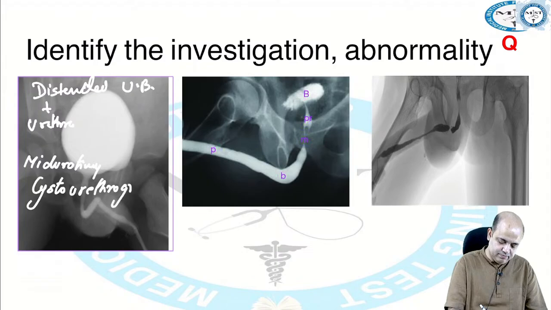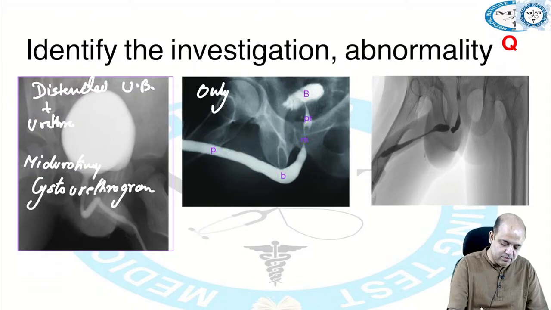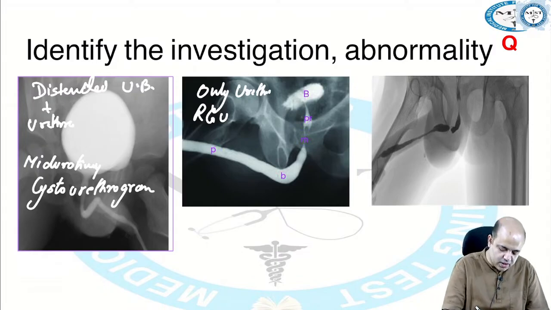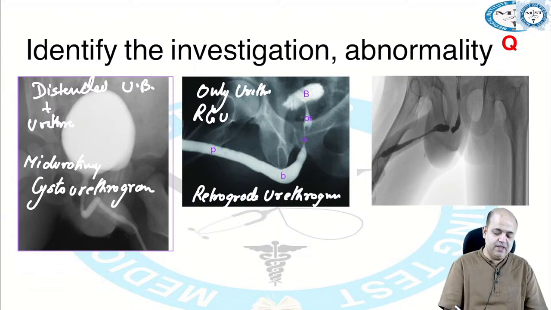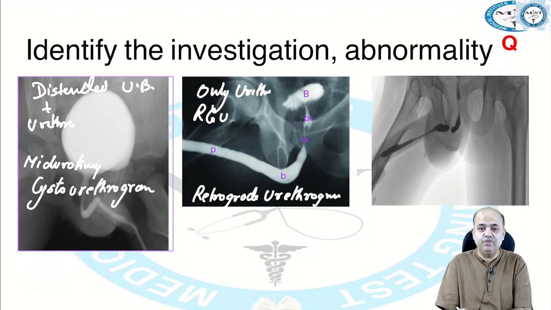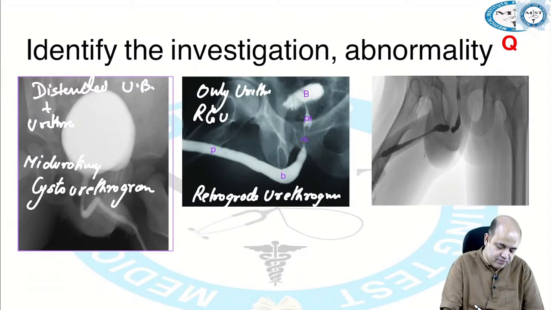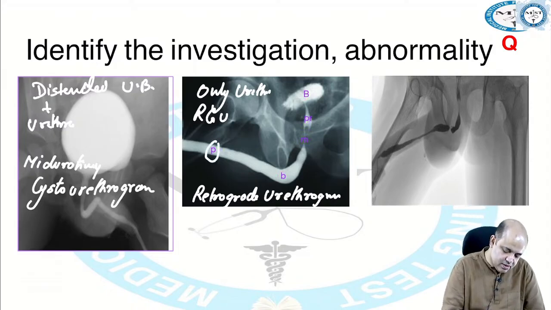If we see only the urethra, this is a retrograde urethrogram.